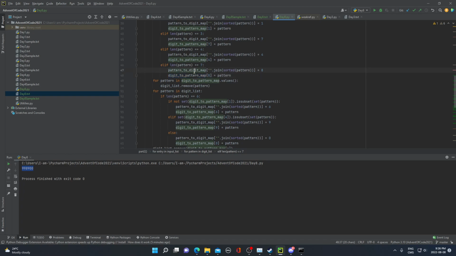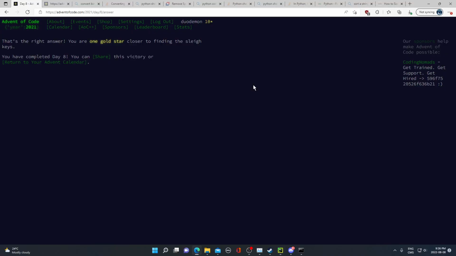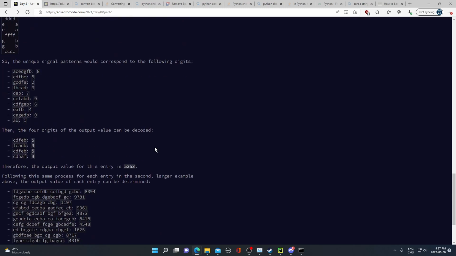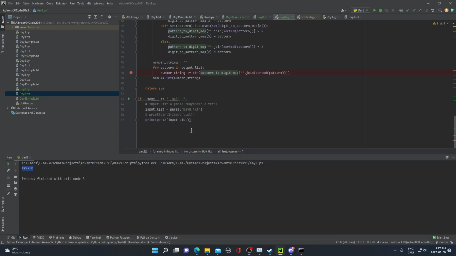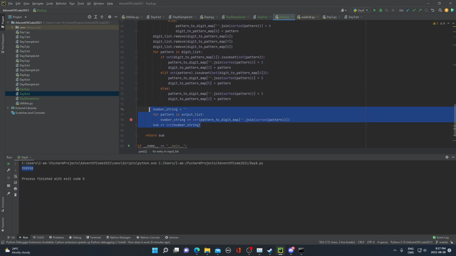I have to use 2 dictionaries, which I don't know if it's ideal or not. Then you have to sort it, and then do string concatenation because it's out of order. And then over here, convert it to a string, then back to an int again.